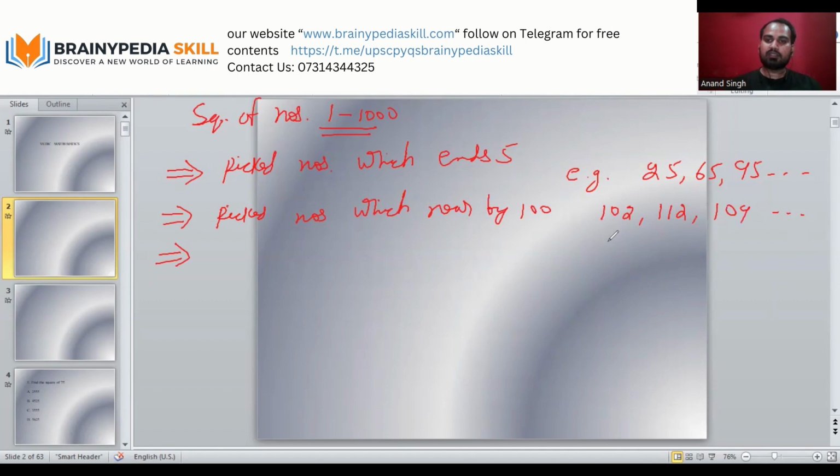For example, 97, 91, 70, we can take 79, and so on, right? So these are the numbers I have picked. Now, the last part of this segment is that we are going to pick the numbers which are nearby 50. Now, that's all.